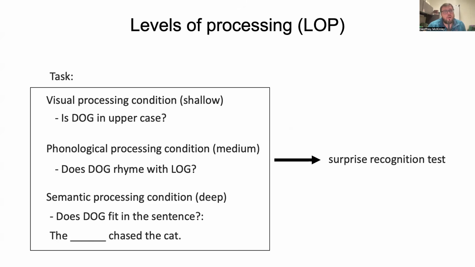So, does the word dog rhyme with log? Or it could be an even deeper level. So, does dog fit in this sentence: the blank chased the cat? Okay. And then this was followed by a surprise recognition test. So participants weren't even trying to remember, right? They just did this, and then later, oh, there's a memory test.